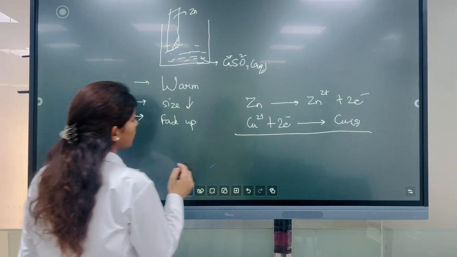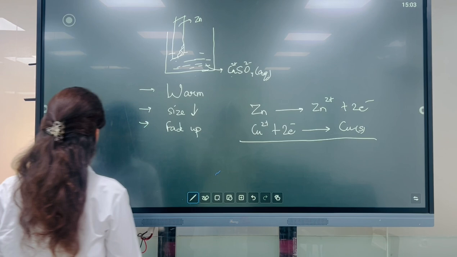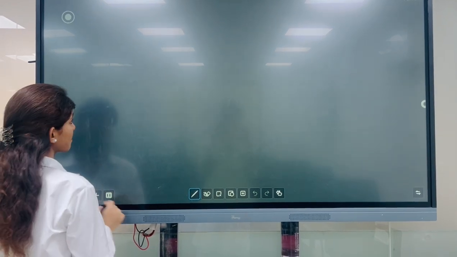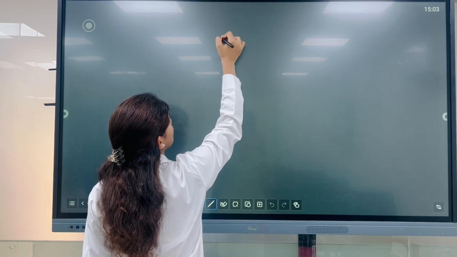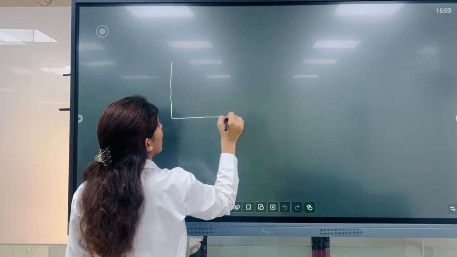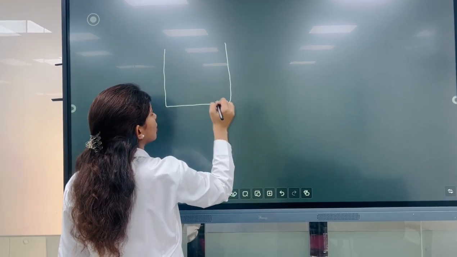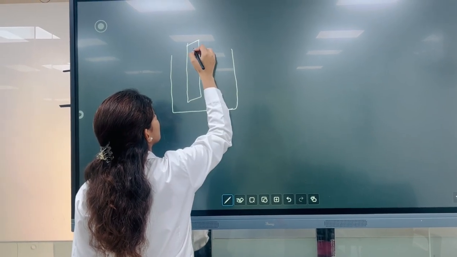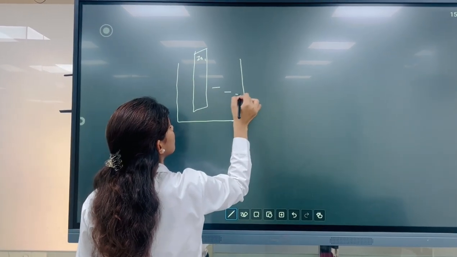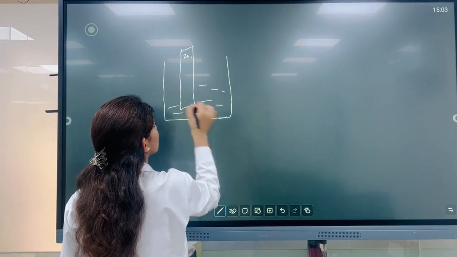So what will we see if we have an indirect redox setup? Let us say I have a beaker and the zinc rod is dipped in a solution of zinc sulfate.